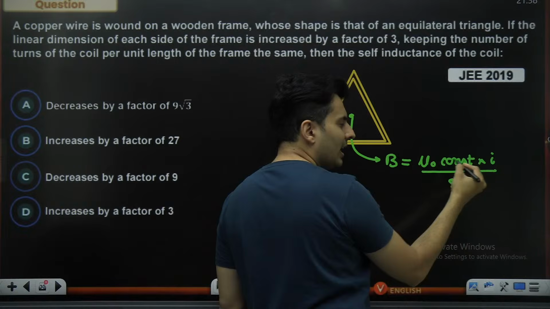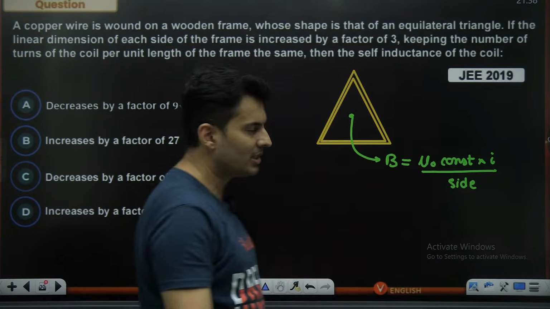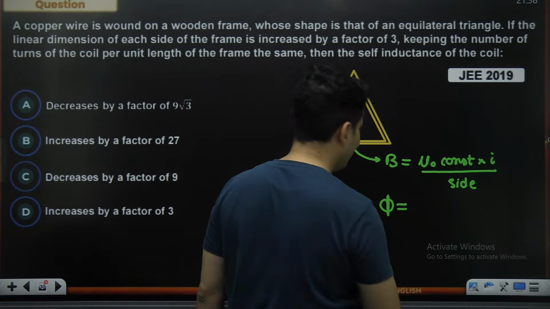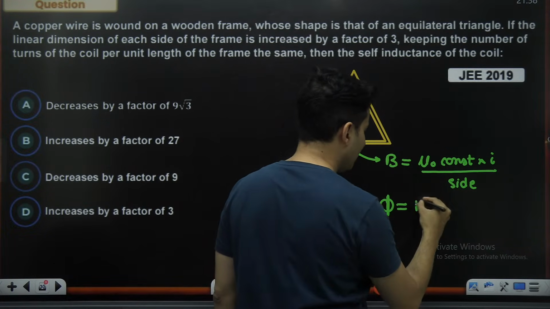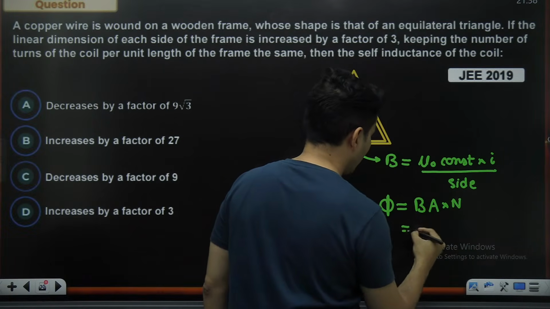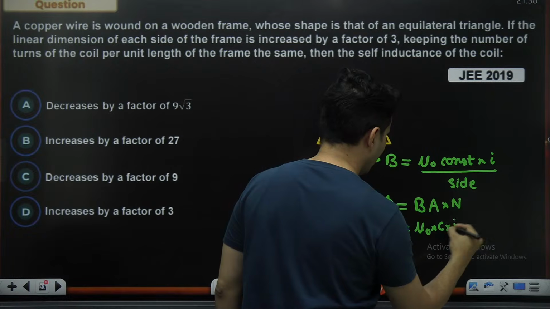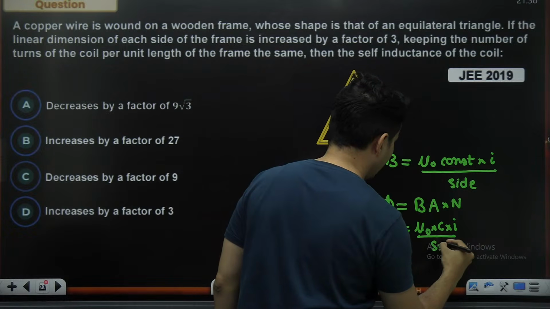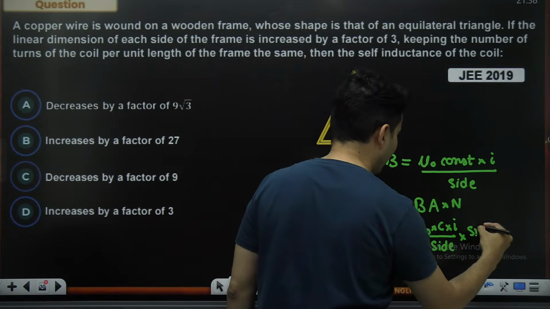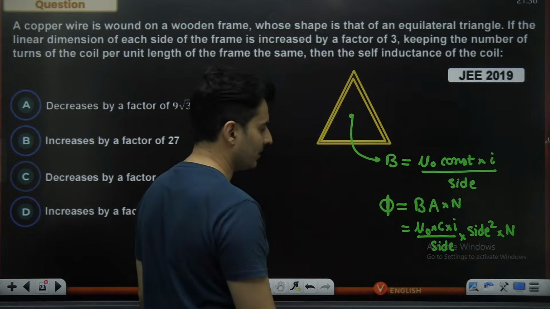Mu naught I by R, 2 pi, 2, 4, root 2, some numbers, constants will be there. If you now measure the flux, it will be magnetic field into area into the number of turns. What is the magnetic field? It is mu naught into some constant into the current divided by the side length over here. And area is there, so that will have side square, and here we'll have the number of turns.